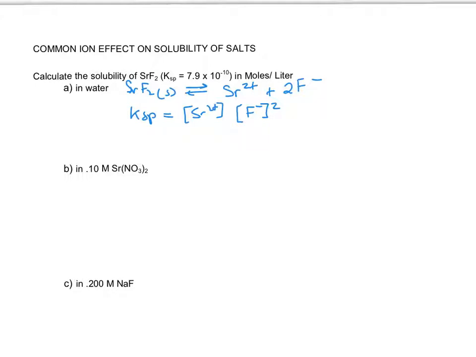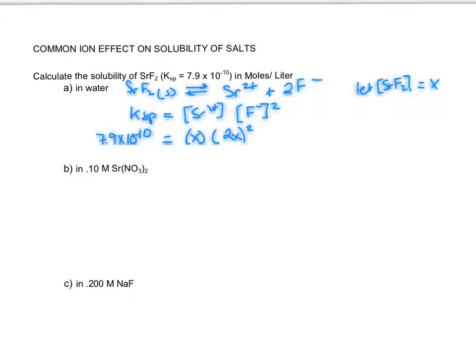Let's say that the concentration of the SrF2 in a saturated solution is equal to X. Then this is going to be X, this is going to be 2X, and then don't forget that's squared. And the KSP is 7.9 times 10 to the negative 10th.